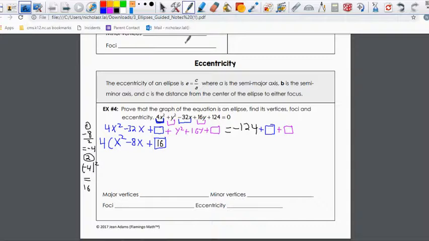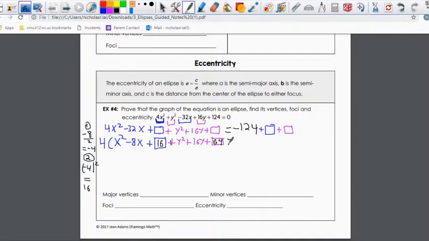And remember, this is going to be plus y squared plus 16y plus, here, 16 divided by 2 is 8. 8 squared is 64. So we have a 64 right here.